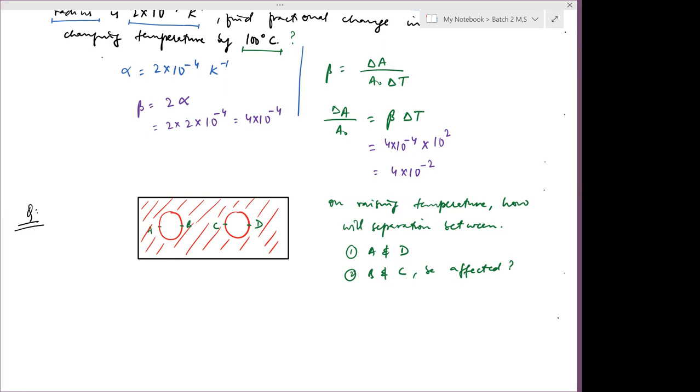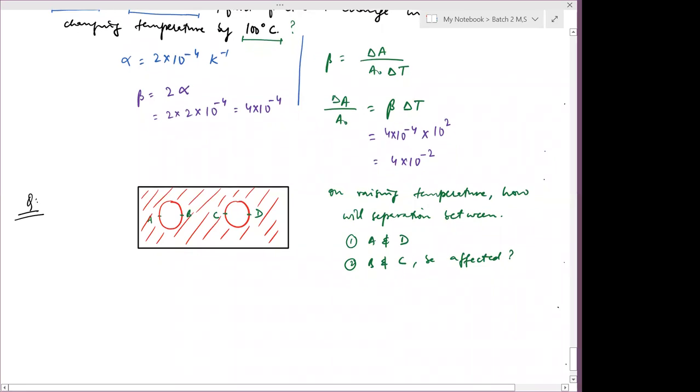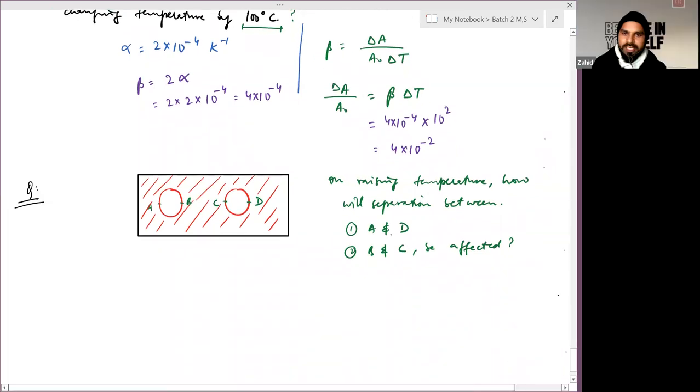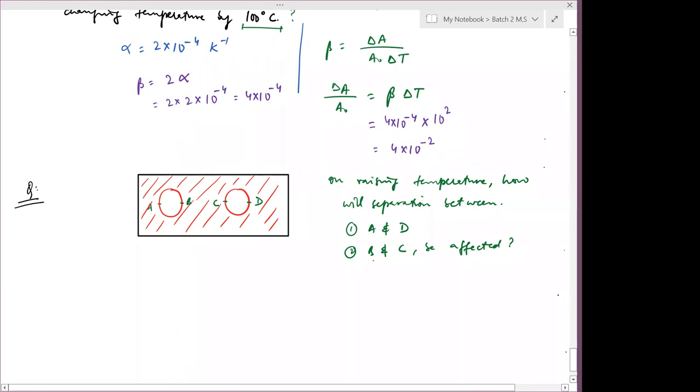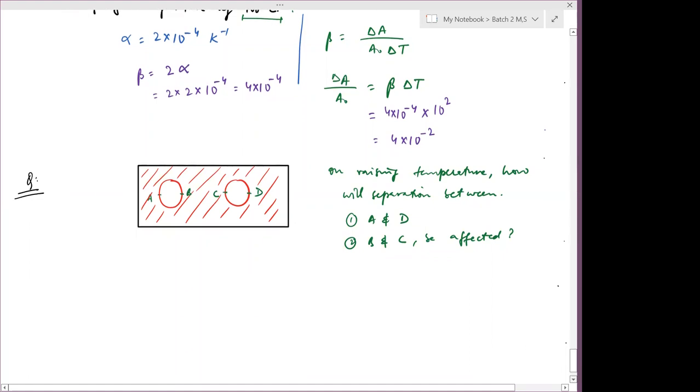So, the separation will increase between A and D. Between A and D for the first part. Yes, sir. And what about the second part? Maybe they will come closer. Okay.